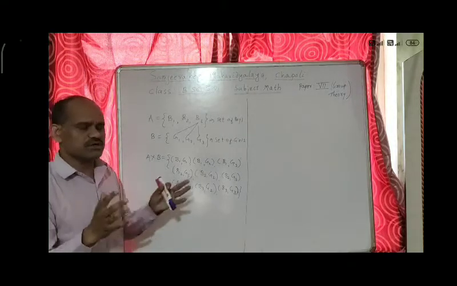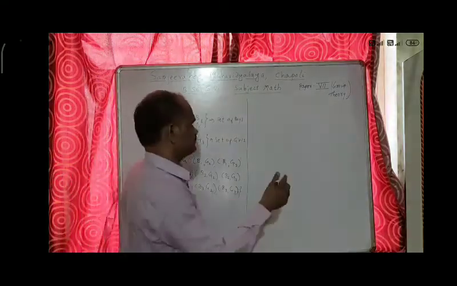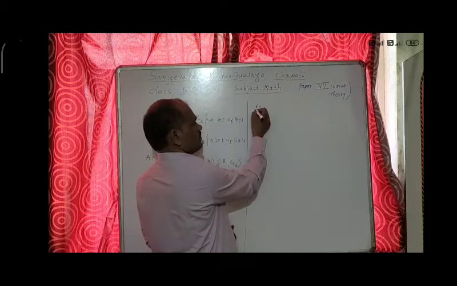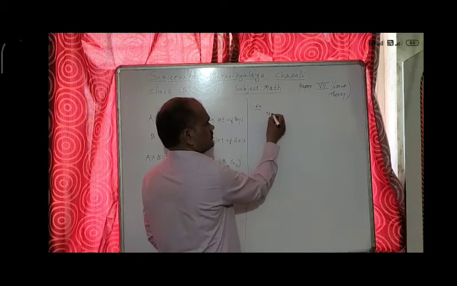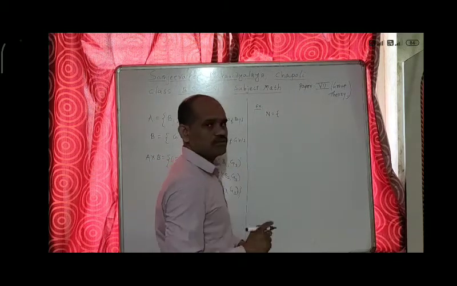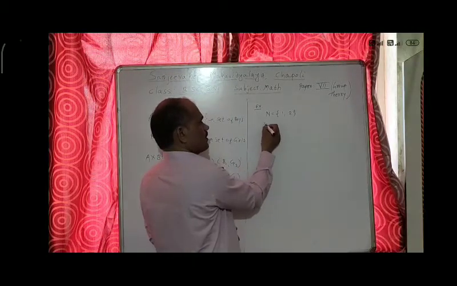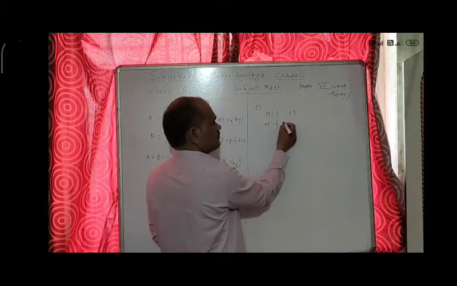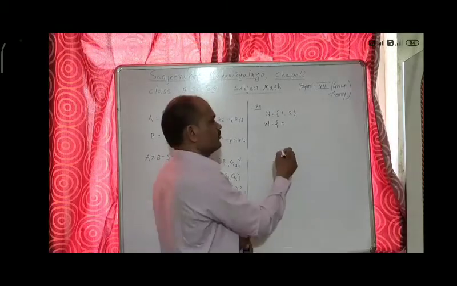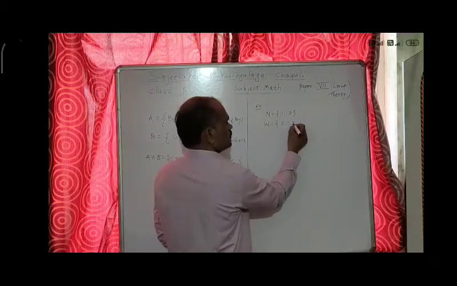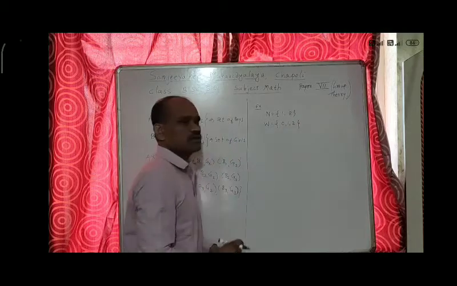Now I take purely numbers. Next example: N is the set of the first two natural numbers, 1, 2, and W is the set of the first three whole numbers, 0, 1, 2.